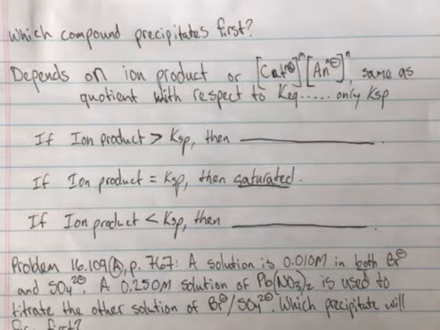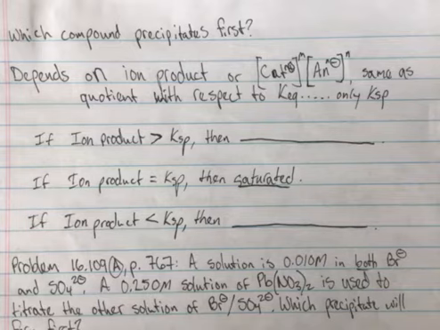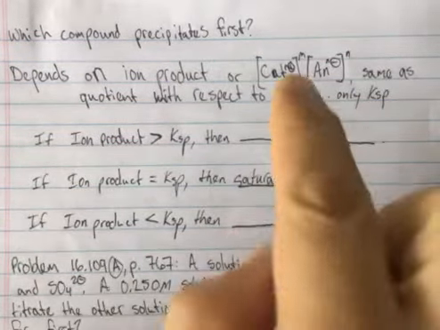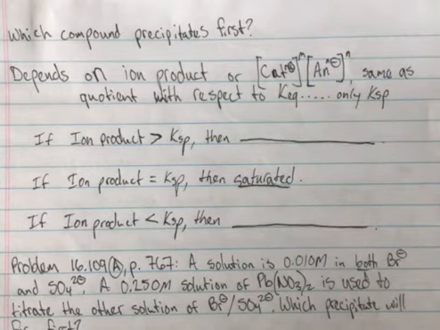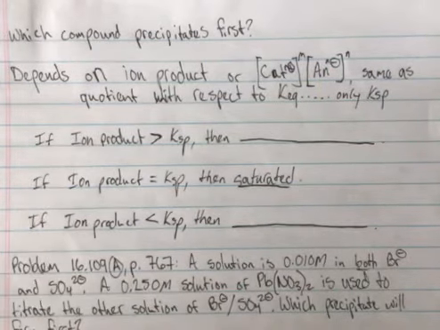Okay, so let's summarize and put some of this into context here. Which compound precipitates first? Well, that depends on the ion product, the cation and what coefficient it has, as well as the anion and what coefficient it has in a particular ionic substance.